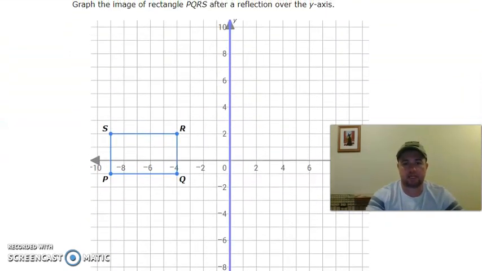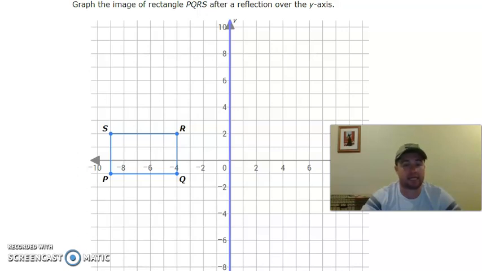Now, here's where it gets tricky. What do we do if it starts to ask us about reflecting images? That's a little harder than reflecting a point. But is it? Remember, a reflection is a rigid transformation.